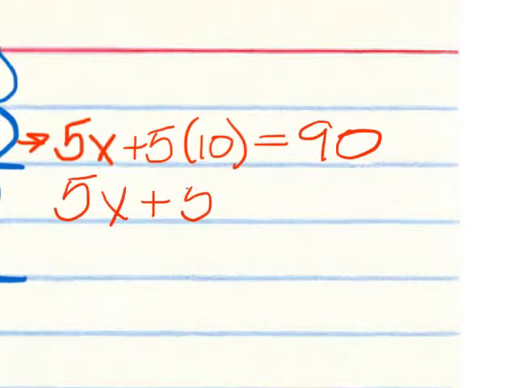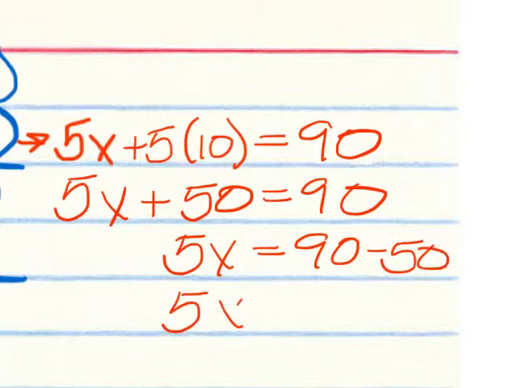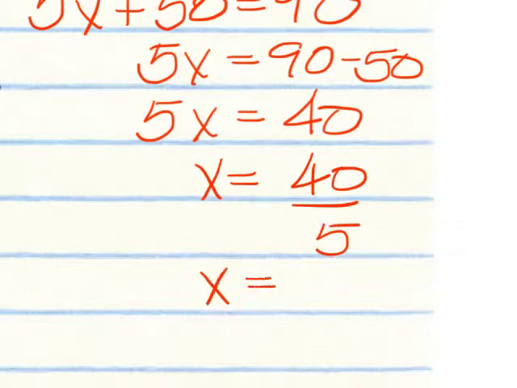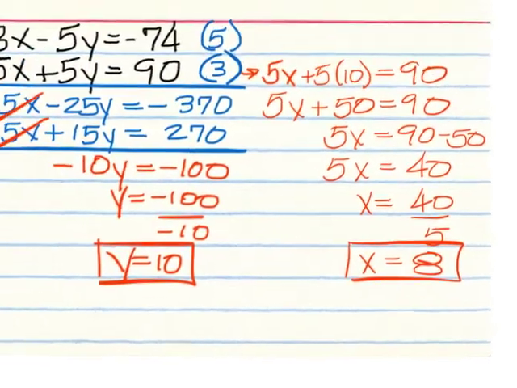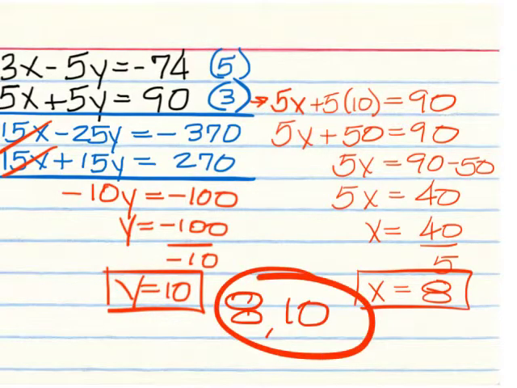Simplify to get 50, and then you must move that 50 to the right side, change the sign, simplify the right, and get 40. Divide by 5. You should have 8 for x, which is going to make your final answer (8, 10).